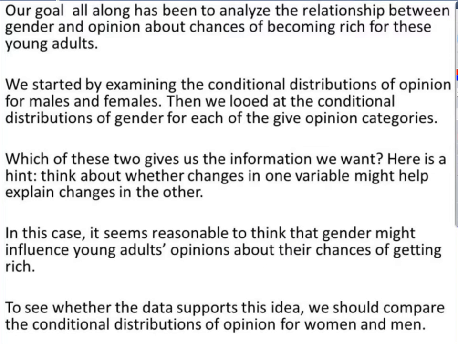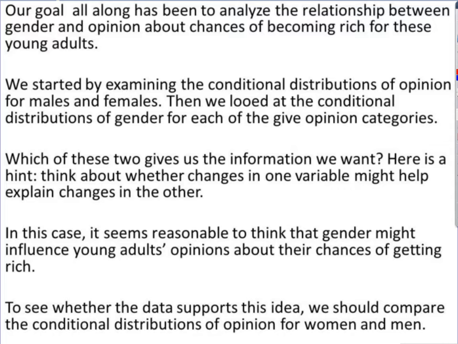Our goal all along has been to analyze the relationship between gender and opinion about chances of becoming rich for these young adults. We started by examining the conditional distributions of opinions for males and females. Then we looked at the conditional distributions of gender for each of the 5 opinion categories. Which of these two gives us the information we want?